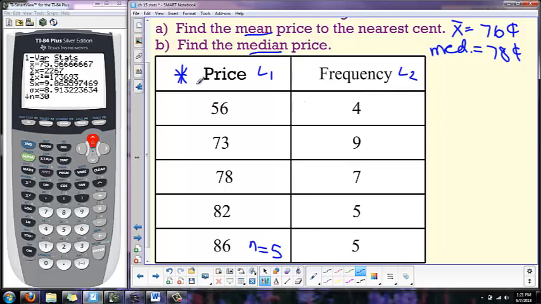But because you typed in L1, L2, it has 4 plus 9, which is 13, plus another 7, which is 20, plus another 5, which is 25, plus 5 is 30. So it now knows that there's actually 30 sets of information to look at, not just 5. So that N is equal to 30. That's just another way for you to double check that you actually typed everything in correctly.